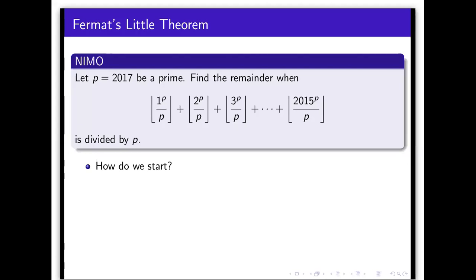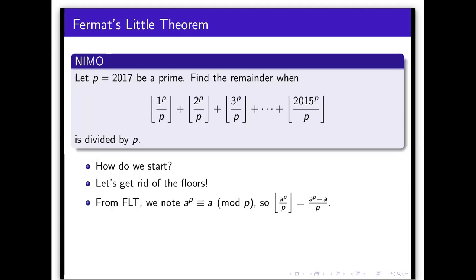Okay, so I think a few people are hinting at this, but no one said it directly. The first thing here is that the floors are not very useful. So we want to try to get rid of the floors so that we can just make it a regular sum. To get rid of the floors, we need to get the remainder when a to the p is divided by p.